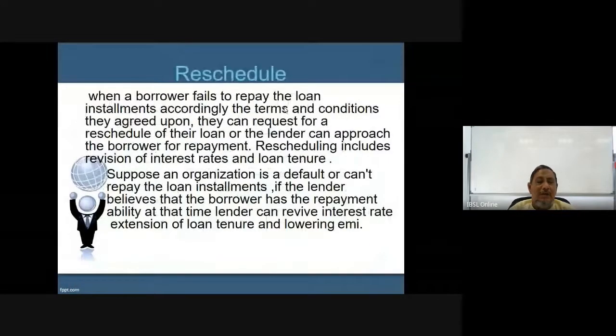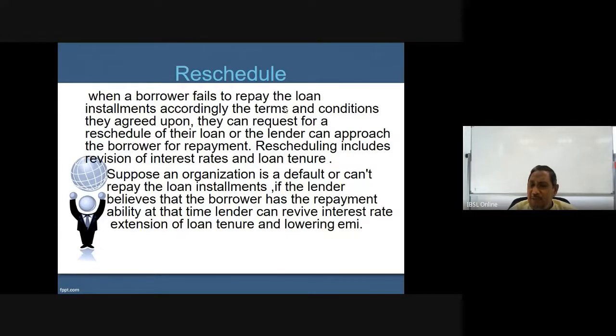Therefore, basically, the problems with rescheduling come when structuring the loan facility. The loan installment has to be considered against whether the customer has sufficient cash flow to pay.